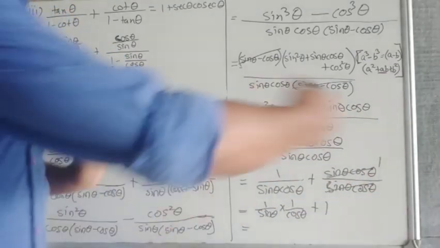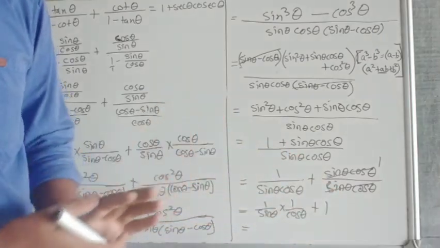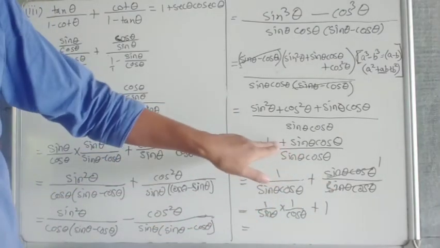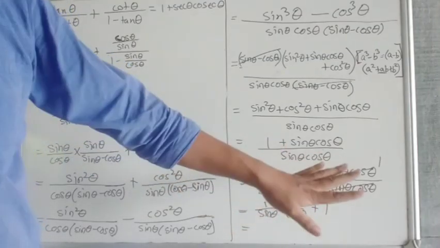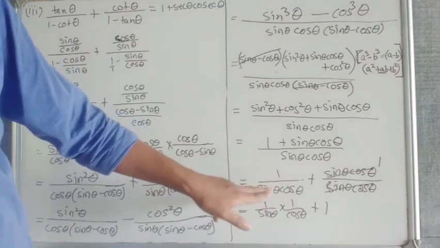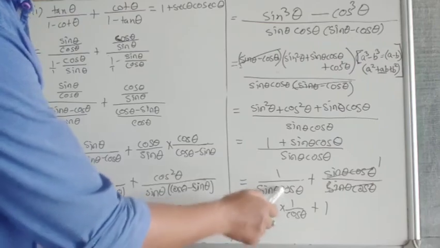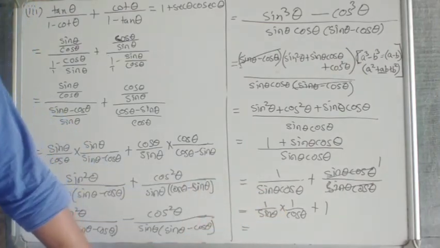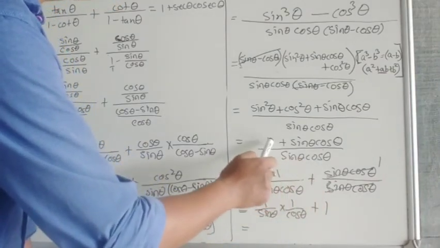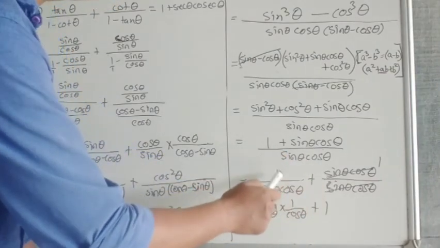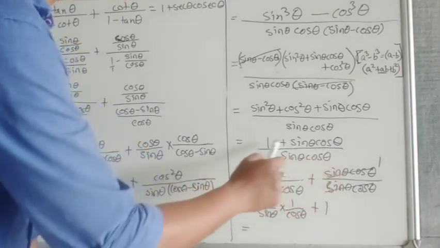They split sin theta cos theta into sin theta and cos theta in two different places, but that is not the rule. When we do splitting of addition, it is like LCM we are doing, and here we are breaking into this one. Now here 1 into 1 is 1, cos theta into sin theta becomes cos theta sin theta, is it or not? And here it is plus, so this sin theta cos theta will become 1s.